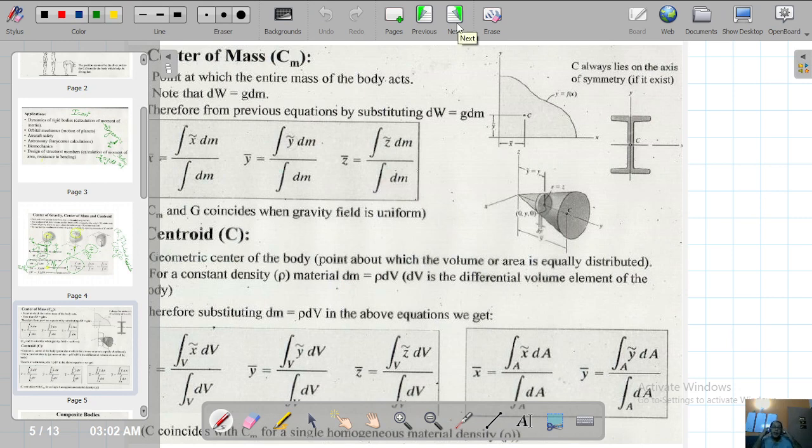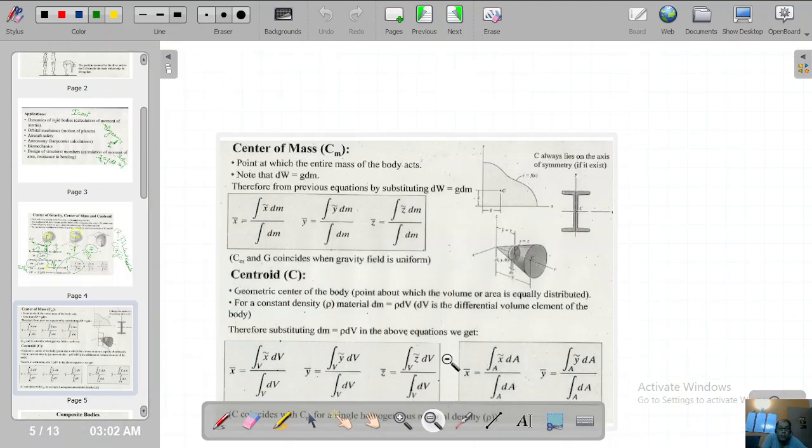Now if we go to the next slide, it is better if we make it a bit smaller to understand it much better. Center of mass is the point at which the whole mass of the body acts.